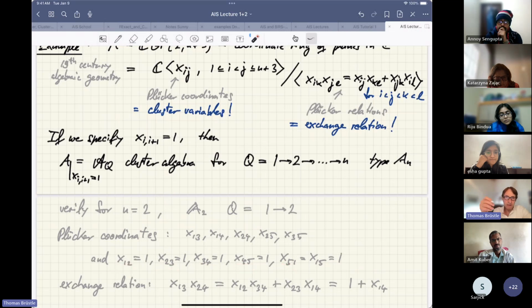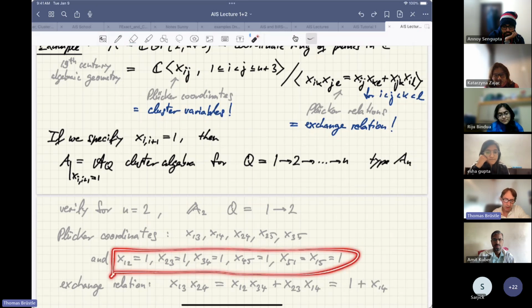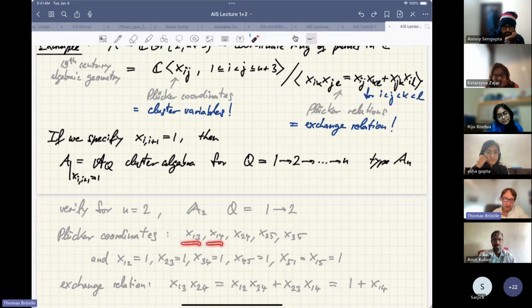I do this cyclically, modulo 5, yeah, modulo 6. So I will specify all of those to be equal to 1. And then the remaining Plücker coordinates are those given by a set of indices whose distance is more than 1.